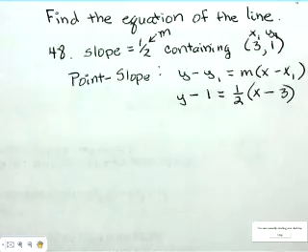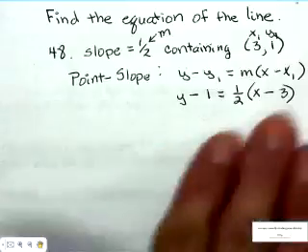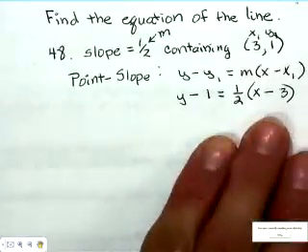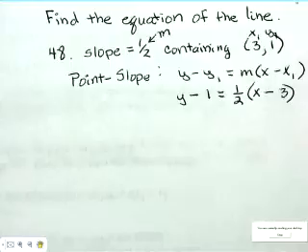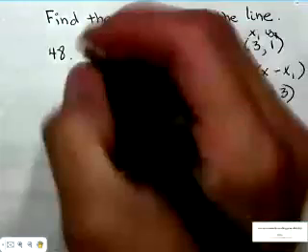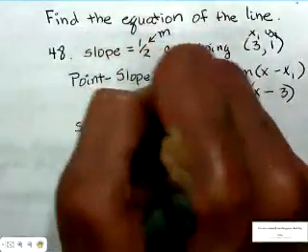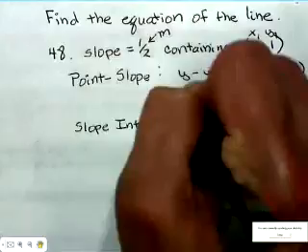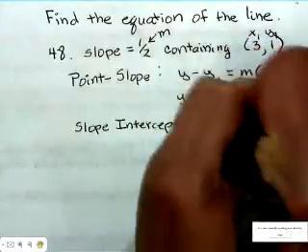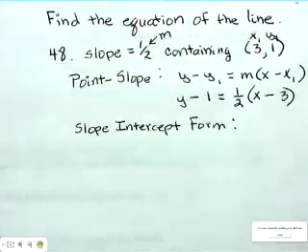You need to read the directions in the homework. If the directions say leave your answer in point slope form, that's good enough. That's point slope form. If the directions say write your answer in slope intercept form, what will I have to do?